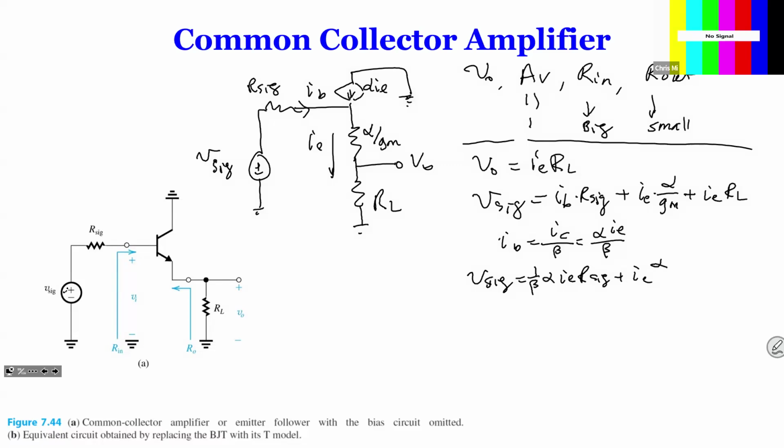So VSIG is IE times the sum of those terms. And we can find AV, which is going to be IE times RL over VSIG.